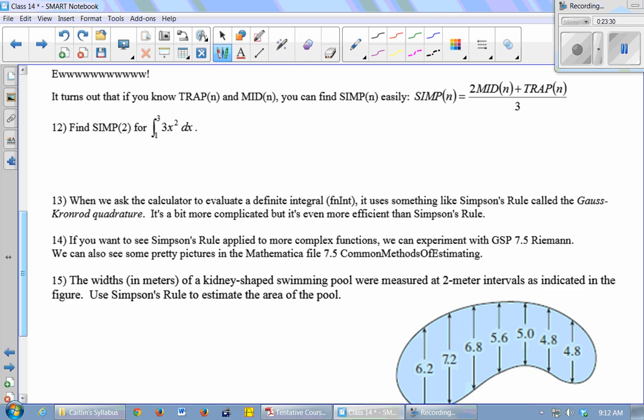So if I wanted to find Simpson's for the integral from 1 to 3 of 3x squared, I would do 2 times mid plus trap, over 3. The mid was 25.5. Trap was 27. Now I need a calculator.